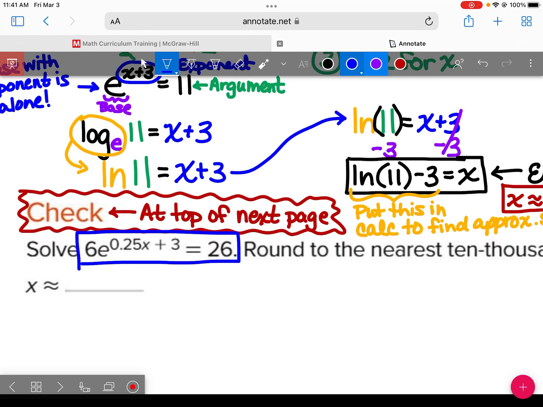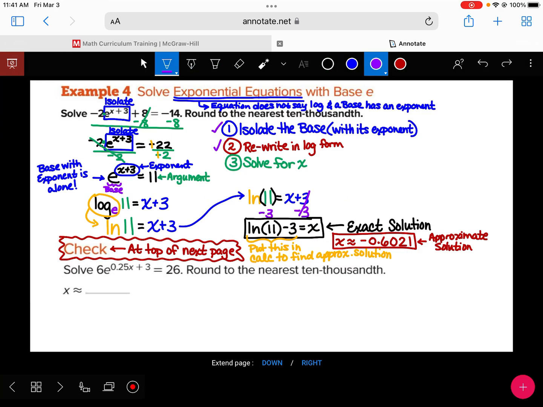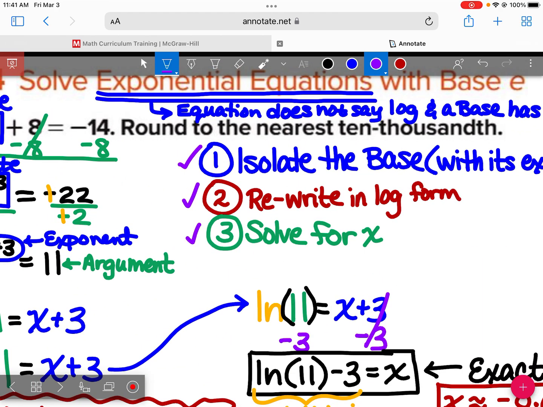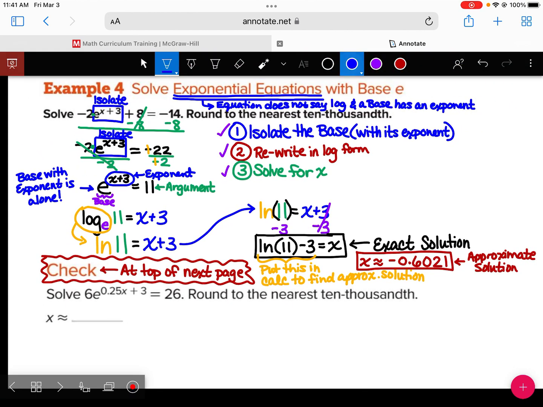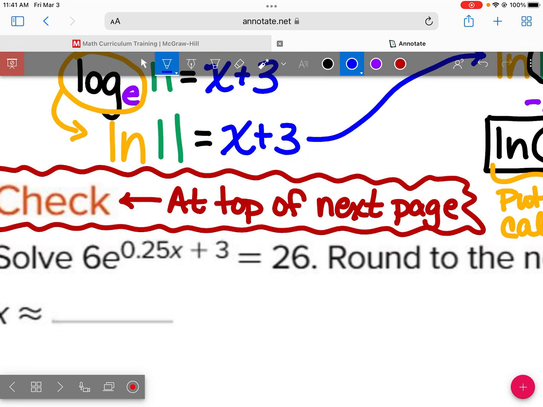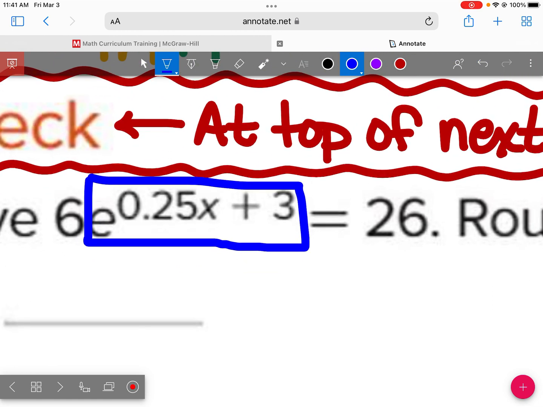What is the first step to solving that? I wrote the 3 steps down up at the top. Isolate the base. How do I know if it's a base? What did I write next to it? Has an exponent on it. What thing here has an exponent on it? E. So this right here, I'm going to isolate.